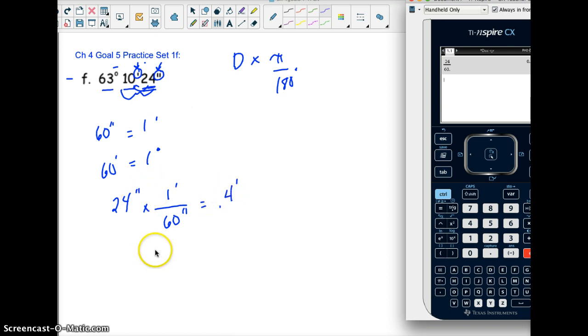So here's my new value, 63 degrees and 10.4 minutes. Now I will convert 10.4 minutes into degrees.